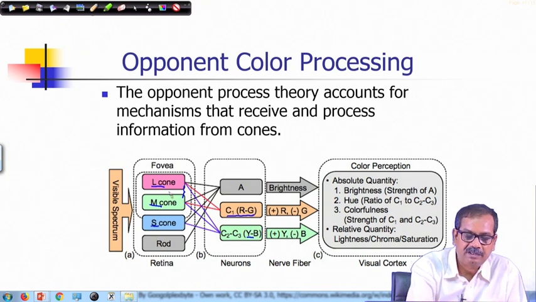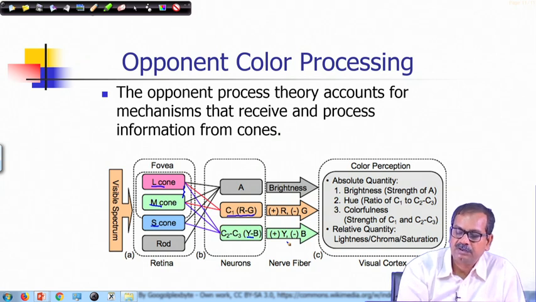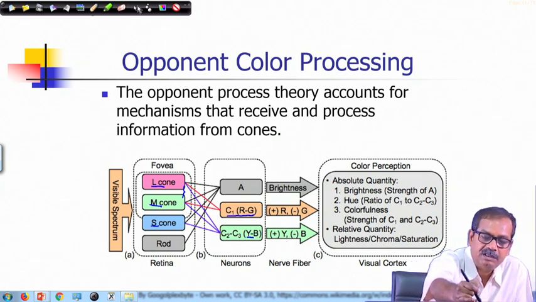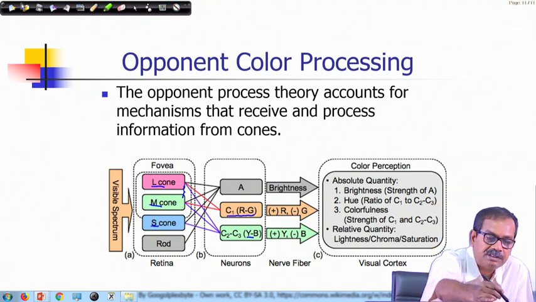All three cones and the rod participate in producing the brightness value. So you have these three factors: brightness, which is the achromatic part, and R minus G and Y minus B as the chromatic part. This is how the color has been represented, and mathematically we can model it in this fashion.